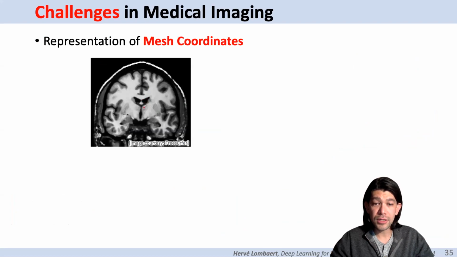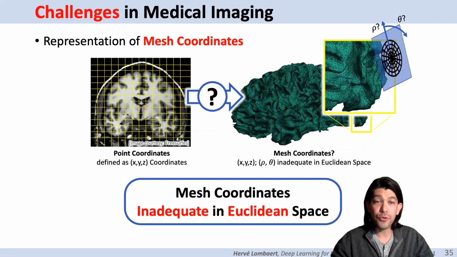We have shown that the inherent problem is how to represent coordinates on the mesh. From a grid, how do you move to surfaces? Euclidean space, Euclidean coordinates, x, y, z points, is a bit inadequate for surfaces. That was the main problem creating all the limitations on brain surfaces.